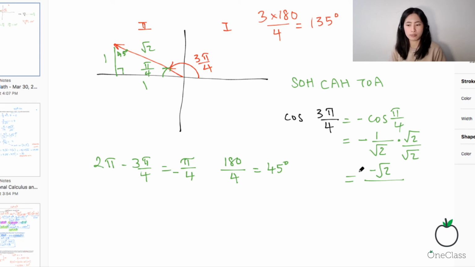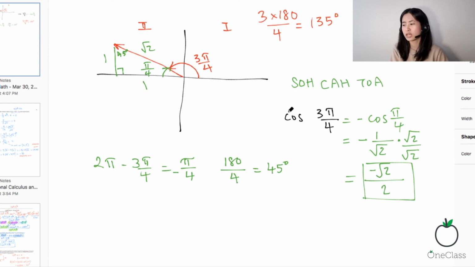Square root of 2 times square root of 2 is going to be simply 2. So that's how we know that cosine 3 pi over 4 is actually equal to negative square root of 2 over 2. And when you try to plug this into your calculator, like right now, cosine 3 pi over 4, when you punch that in, this is equivalent to this.